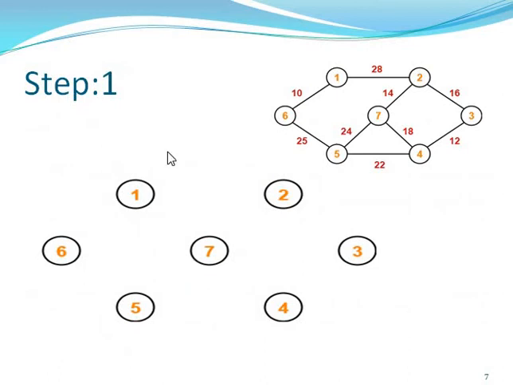First of all, you create the number of vertices as per the diagram. You can show that this is 7 vertices. You can create the 7 vertices. Then step number 2, connect each vertex by the minimum weight. Also, check that no cycle is created.